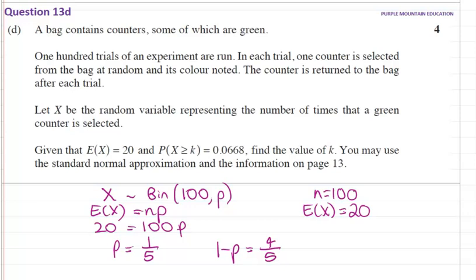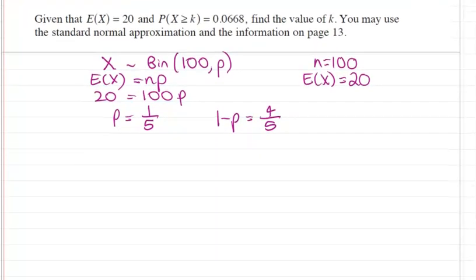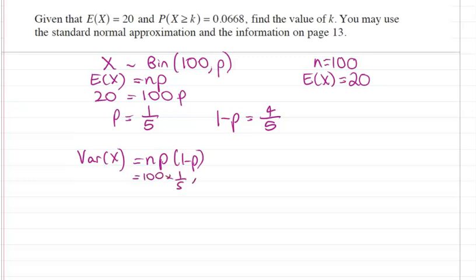Okay, again, straight off the reference sheet, the variance is going to be given by np(1 minus p), which is 100 times 1/5 times 4/5. So we've got 4/25 of 100, that's 16.